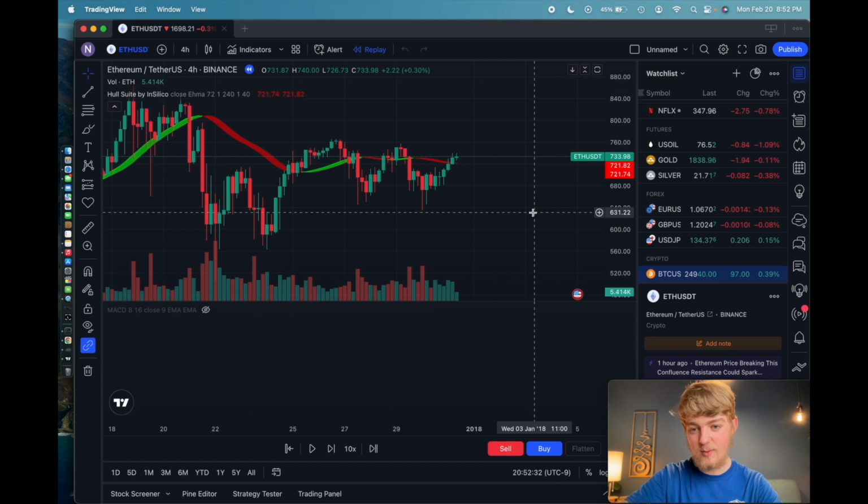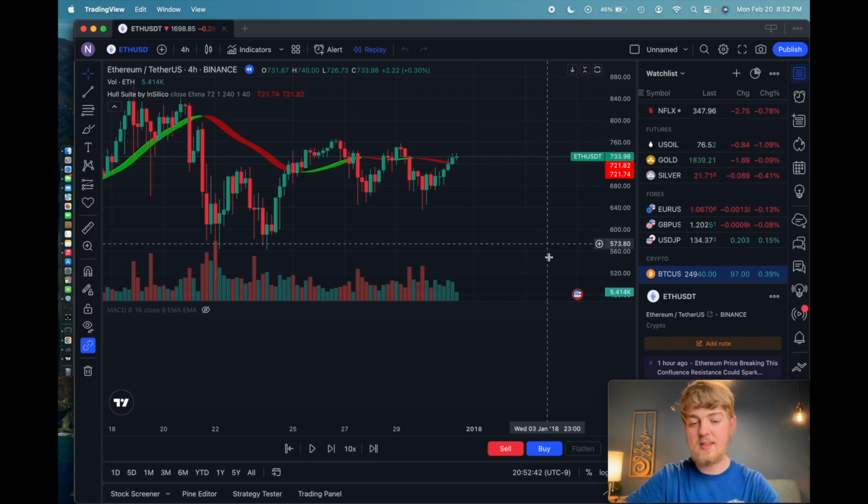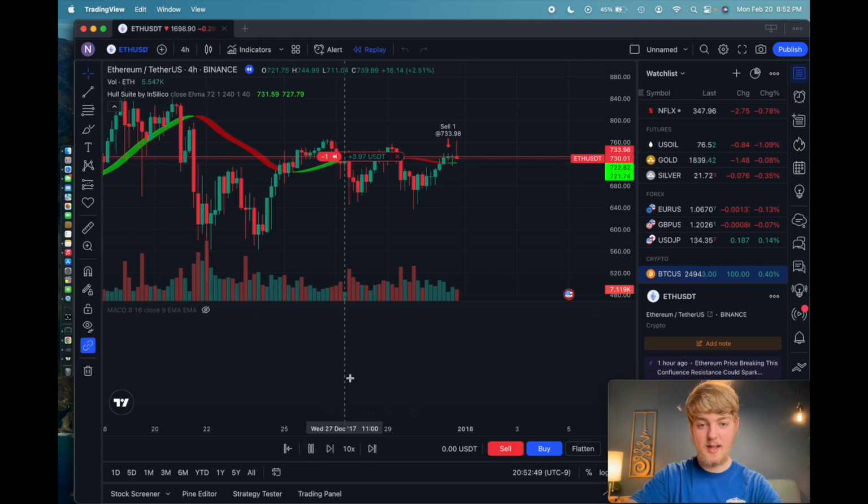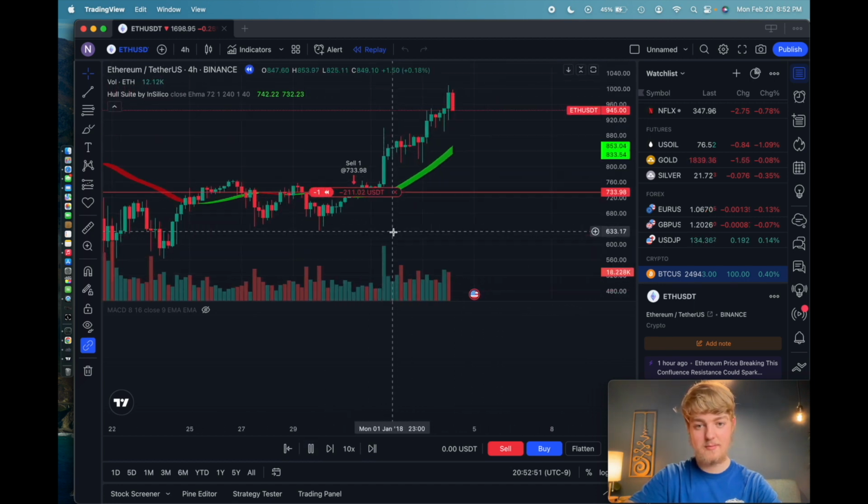I'd just say 625 just to be on the safe side. Let's set the stop loss up at like 800. That's still a positive risk to reward ratio. So I'm going to click sell and play, and let's see what happens.